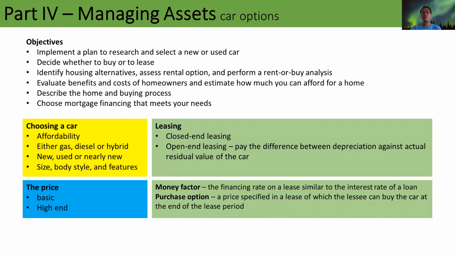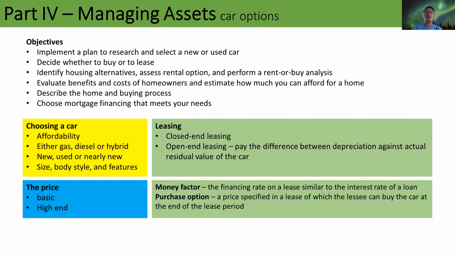Good day, everyone. Let's continue our discussion with managing assets, car, and housing options. So we have here the objectives of this topic. You have to implement a plan to research on selecting a new car or used car, whichever is the choice of yours. Then decide whether to buy or to lease.